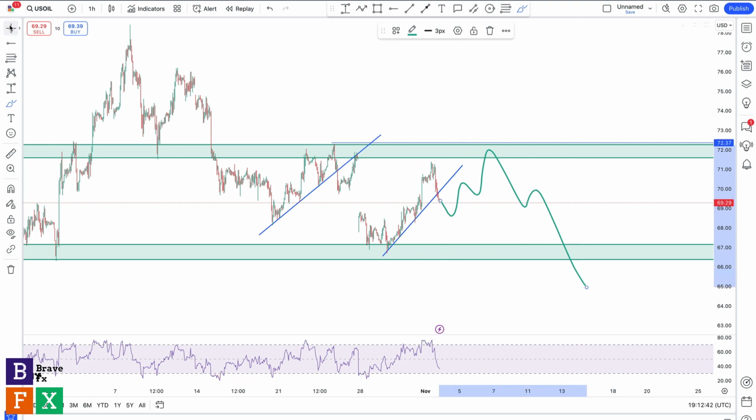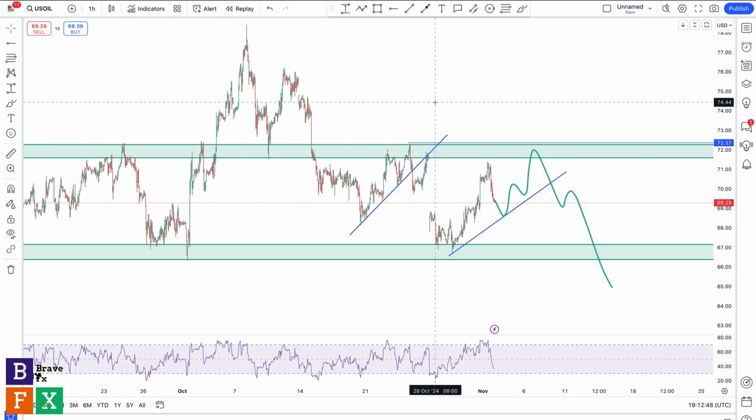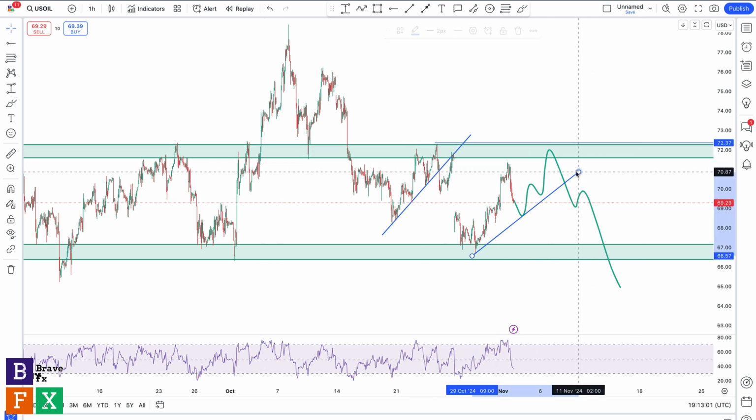Then we get a structure like this, right? I think this is the most likely scenario for us to get a good opportunity to jump into a sell trade on crude oil.